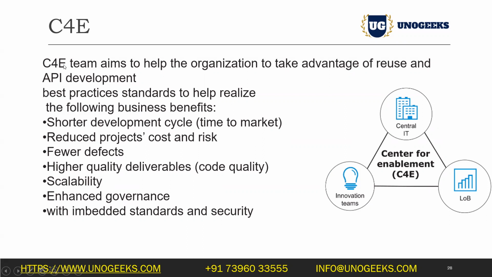They will also make sure to choose the best practices and standards to help realize the following business benefits. If you use the best method available, there will be a shorter development cycle, reduced project cost and risk, fewer defects, higher code quality, and enhanced governance and security features.